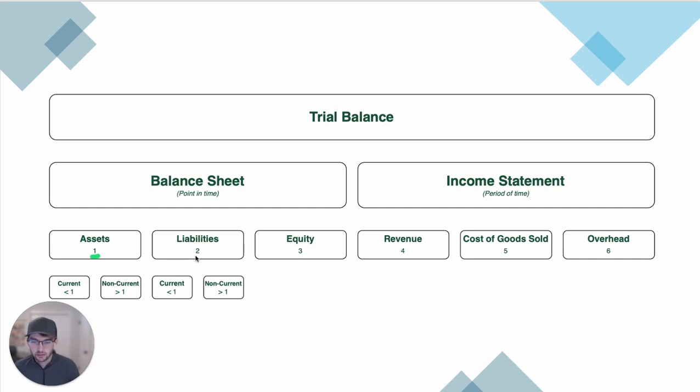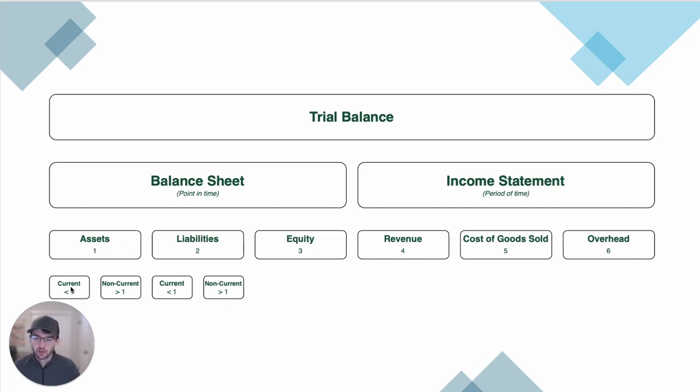If you see 2001, you know it's a liability. Sometimes the 5 accounts will represent both cost of goods sold and overhead, but in general, 1, 2, 3, 4, 5, that's what the accounts will start with, and often it'll be starting at 1,000 and going up, or maybe 10,000 and going up, just depending on the accounting system.